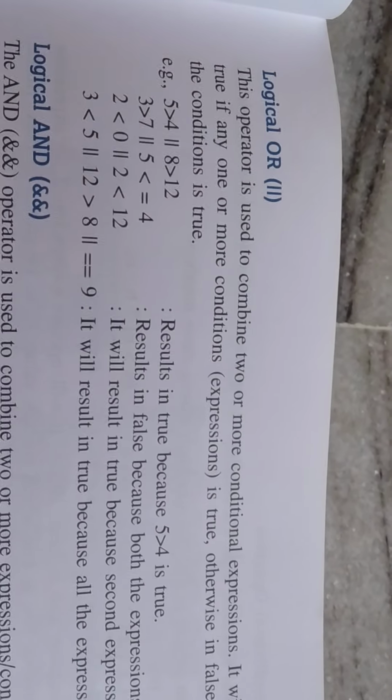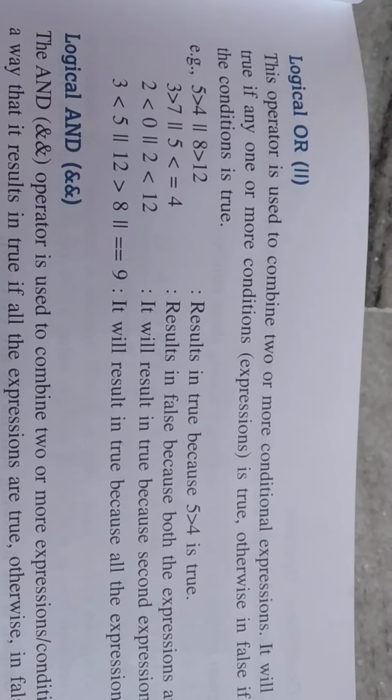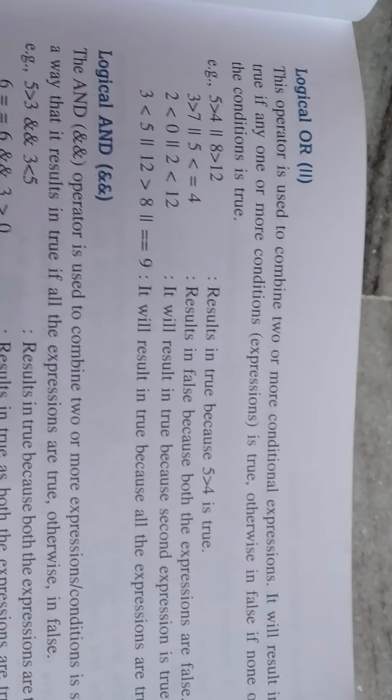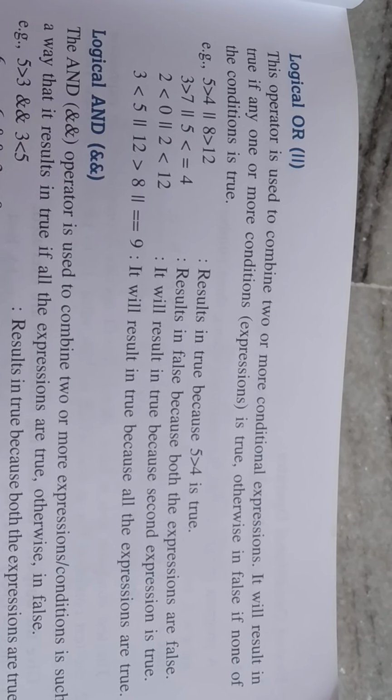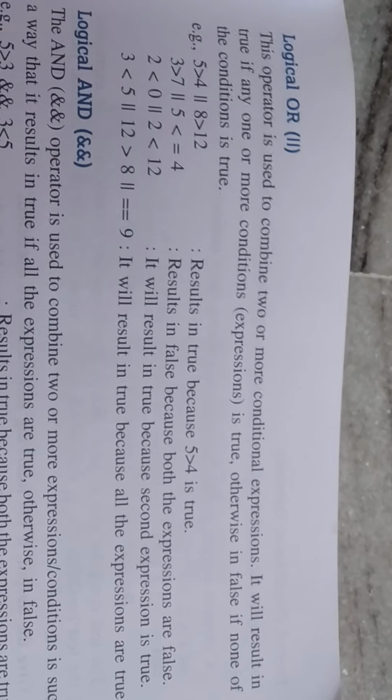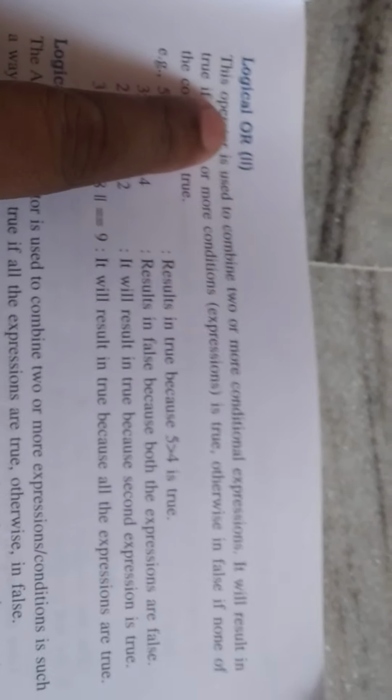Clear? Now, while using OR, when will our output be true? Remember that, a very important point to be noted, when our output will be true if we are using the logical OR operator.